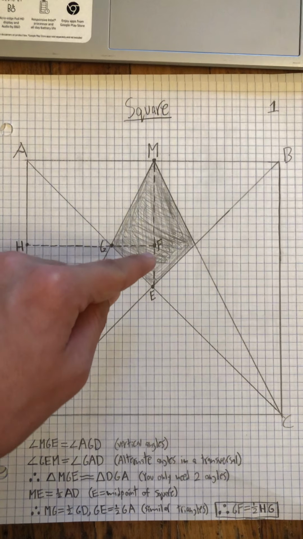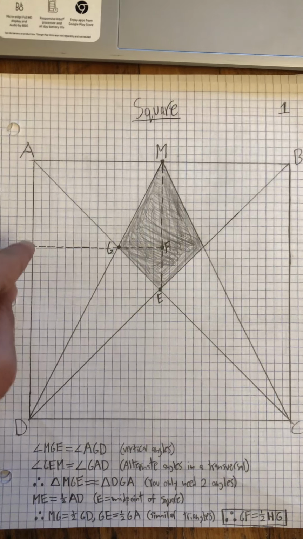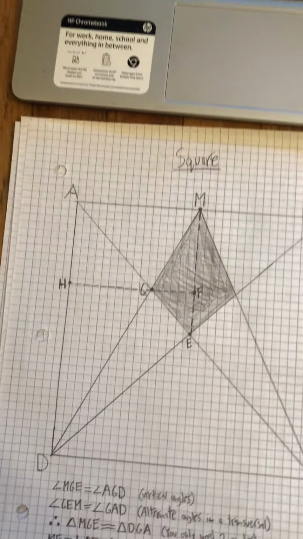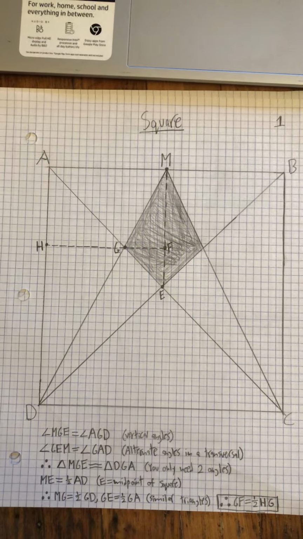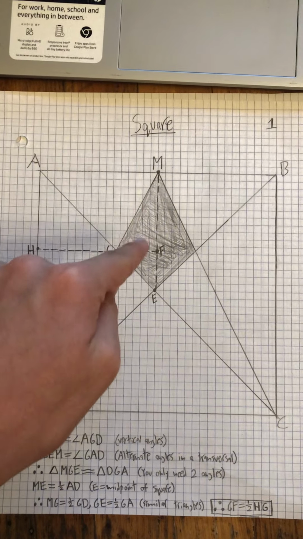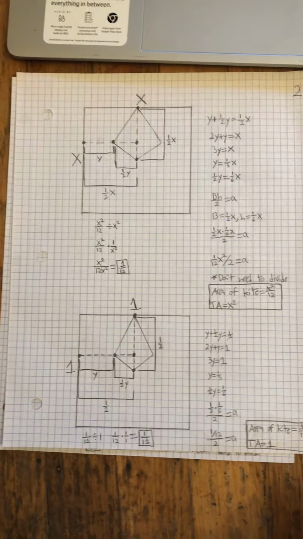And then we also know the height, FG, is 1/2 of GH, and that's going to be the most important thing we have. So because of the angles that are the same, we know we have similar triangles, and this triangle is half of this triangle. Okay, now we can get to solving.